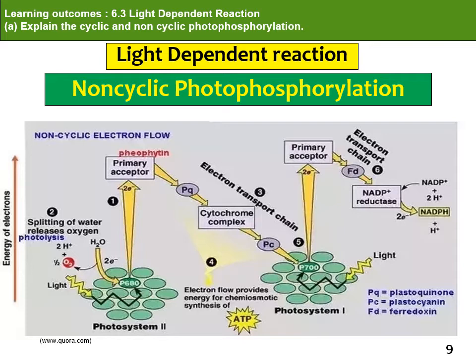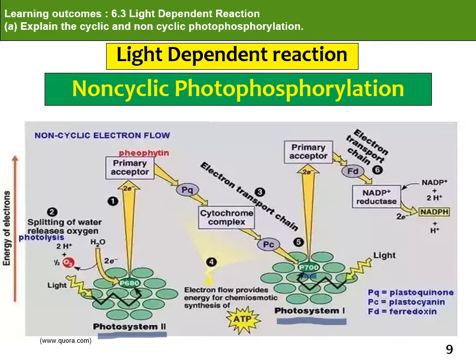Okay, so dalam proses non-cyclic photophosphorylation dia melibatkan dua photosystem iaitu photosystem 1, okay, dan juga photosystem 2. Okay, photosystem 1 dengan reaction center dia adalah P700, manakala photosystem 2 dengan reaction center dia adalah P680.